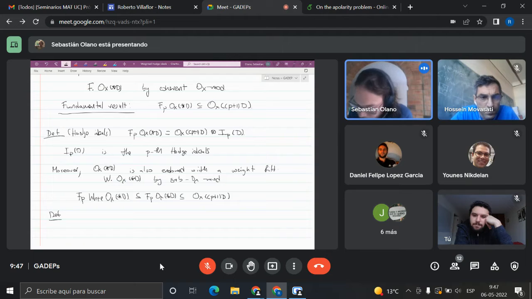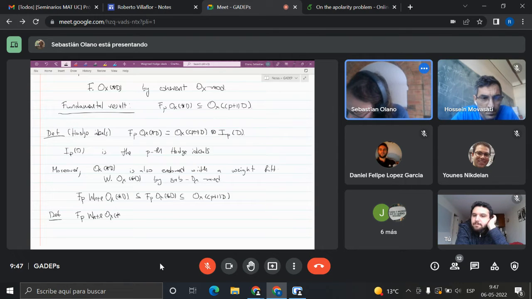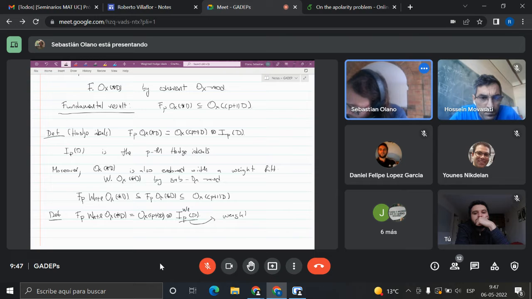So we can just mimic the definition of Hodge ideals, and we have that F_p W_{n+L} O_X(*D) must be O_X((p+1)D) times an ideal that we call I_p^{W=L}(D). And this is the weighted Hodge ideal.